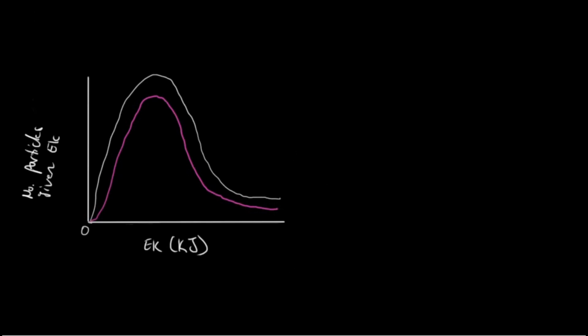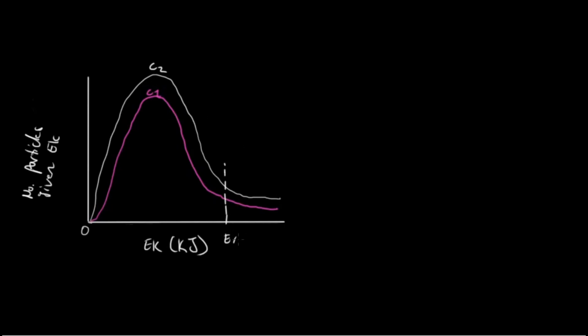So let's say the purple was my C1. That was the curve at the first concentration. If I increase the concentration to C2, first of all, we can see that the peak is definitely higher. The peak is over here for C1, but the peak is over there at C2.